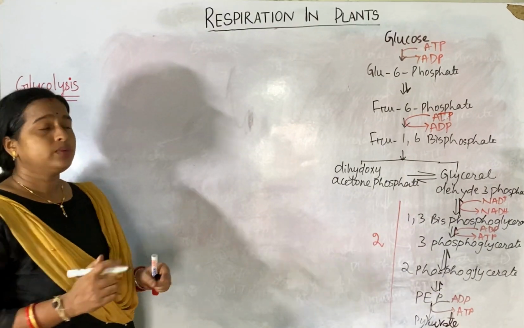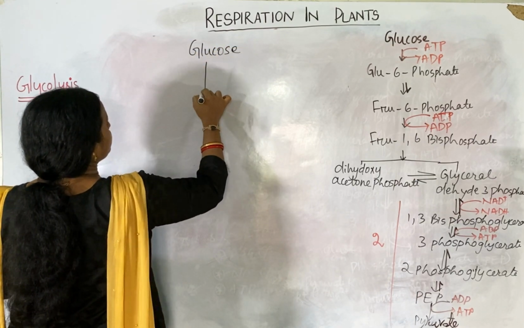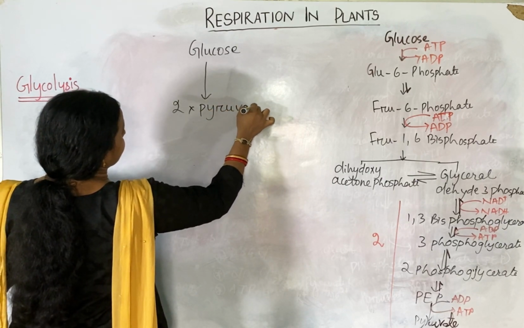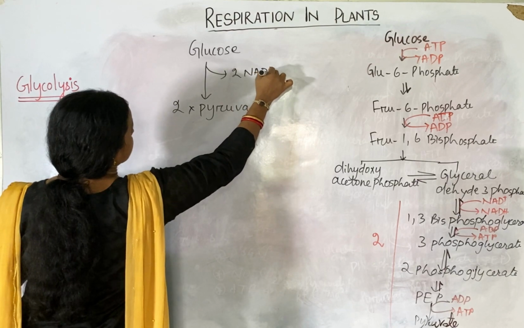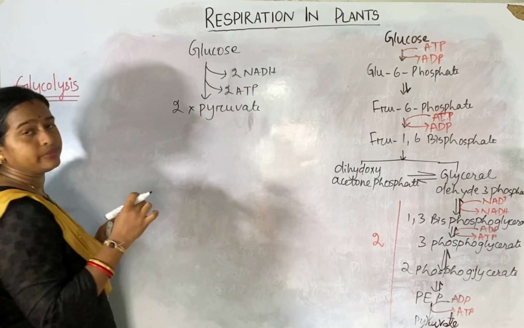From 1 molecule of glucose, we will get 2 molecules of pyruvate, and in this process 2 NADH and 2 ATP are produced.